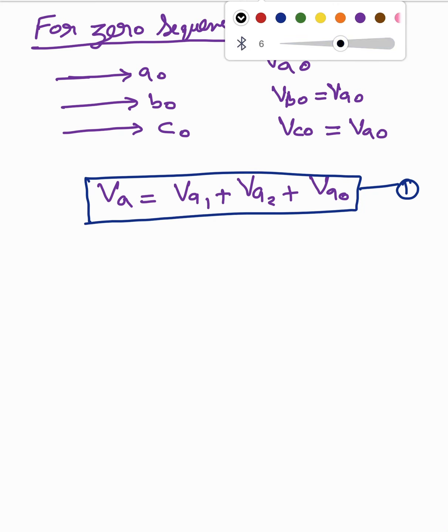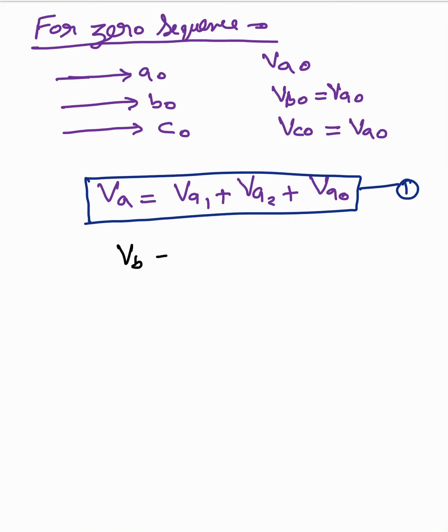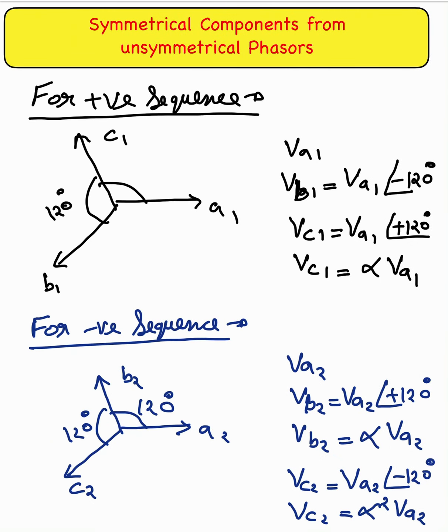Next, VB is equal to VB1 plus VB2 plus VB0, in a similar way for phase B. What is the value of VB1 in the positive sequence? We have already calculated that VB1 is VA1 with an angle of minus 120 degrees, which is alpha square VA1.